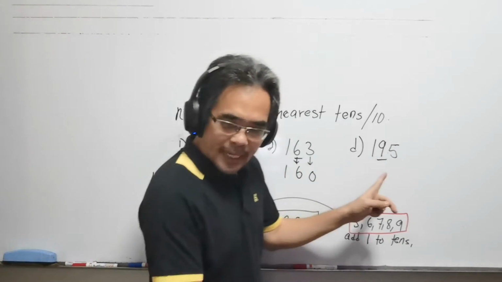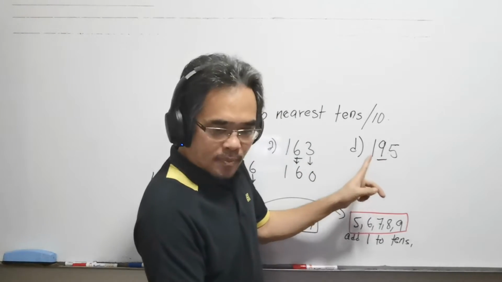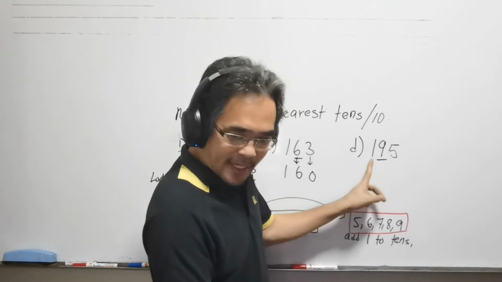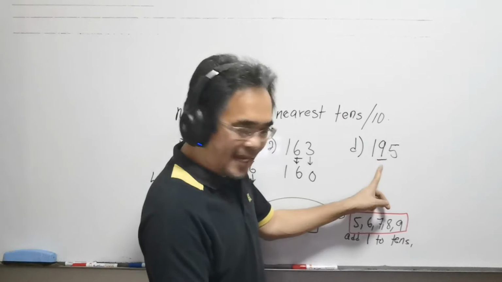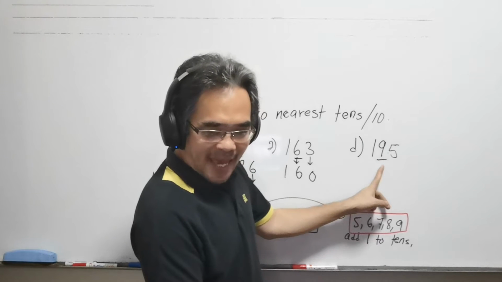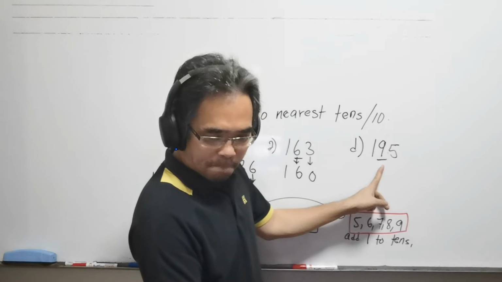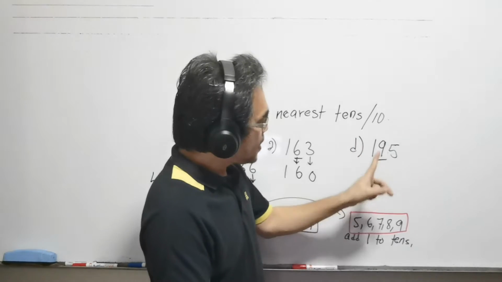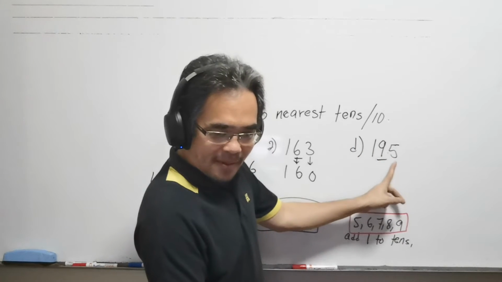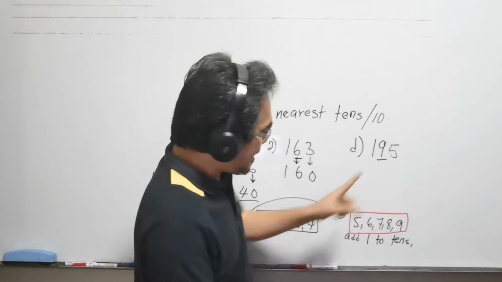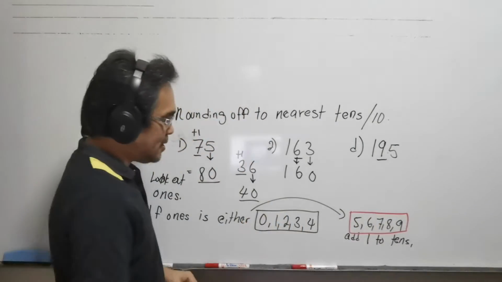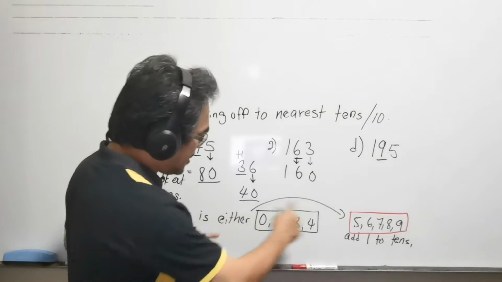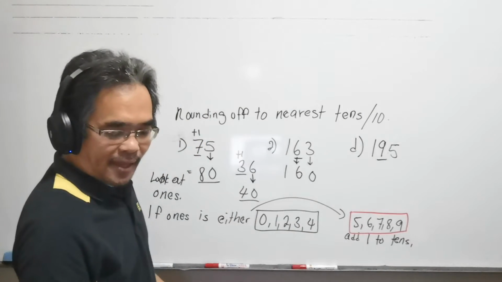Now again, look at here. We have 195. You underline the number that represents tens. Look at the number at the back here. Is it the number in the red or in the black rectangle?